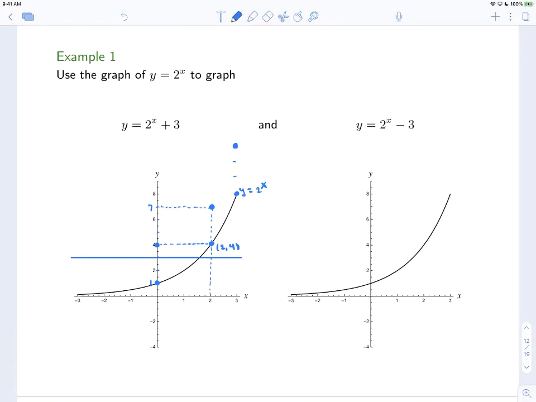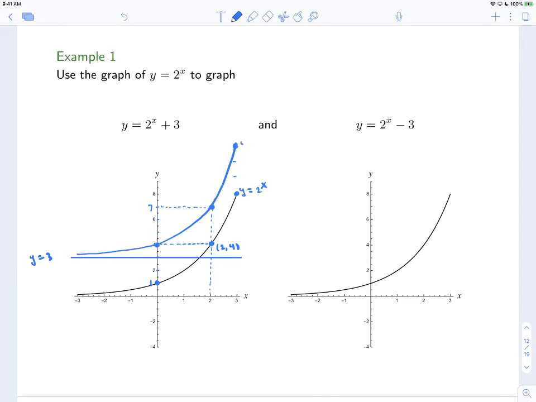I'm not going to be able to draw a perfectly drawn curve. This is just going to give us some general idea what it looks like. So it's going to just go through these points. It's going to go up like that. And it's going to have this y equals 3 as a horizontal asymptote. So it's going to look something like that.